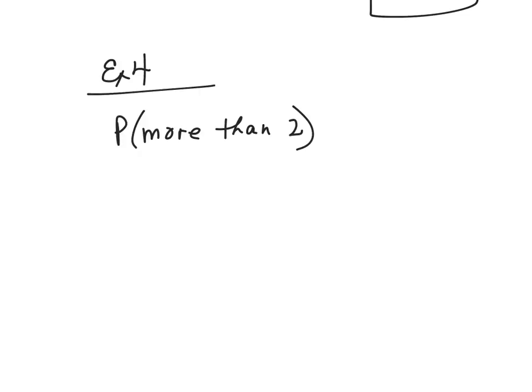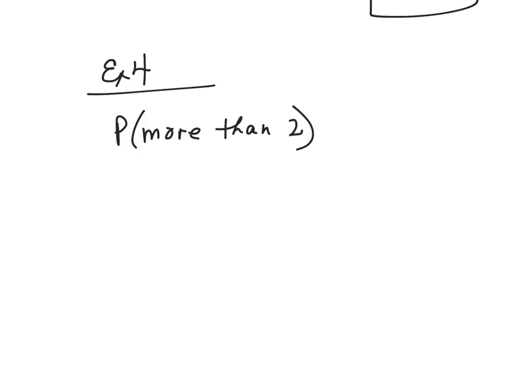I'd have to find all those probabilities, 3 through 10, that'd be 8 different probabilities I'd have to figure, and then add them all together. Now there's nothing wrong with that, but that's a lot of work.